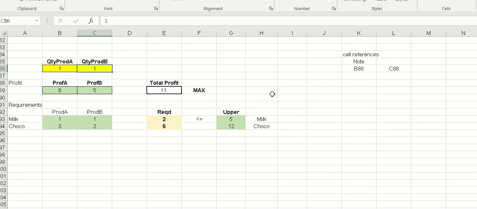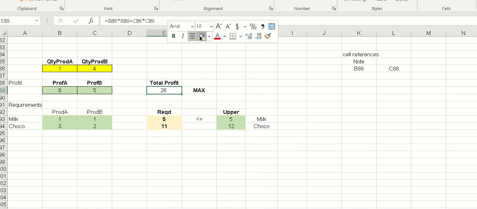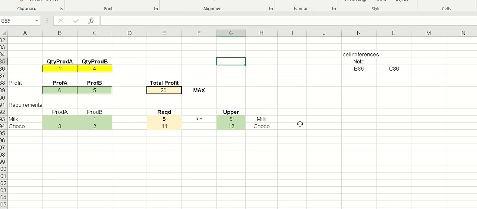So it's 26. Where is the orange line? All right. But the point is, now I would like to use Excel.